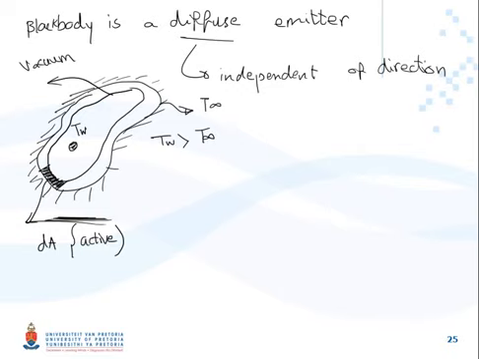So if dA is here, the same will happen, and if we assume that dA is here, the same. So we just proved that a black body is a diffuse emitter. It means that the emission is independent of direction.